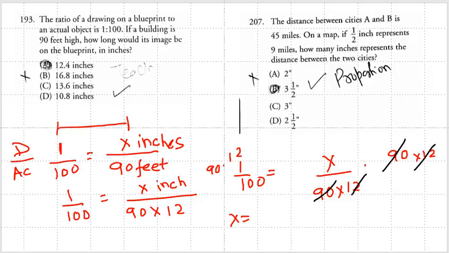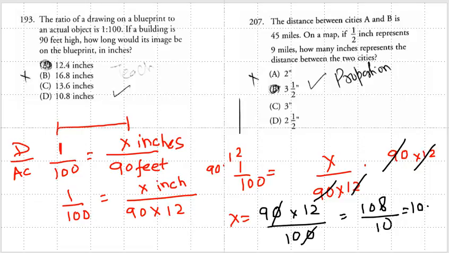So x equals 90 times 12 divided by 100. Don't do anything, simply cancel 0 and 0. You're left with 12 times 9, which is 108, divided by 10, which is 10.8. We move the decimal. There is your answer. Make sense?